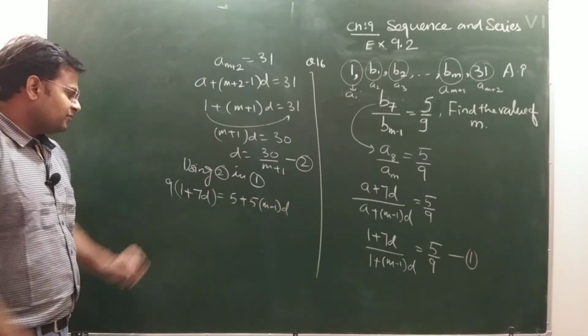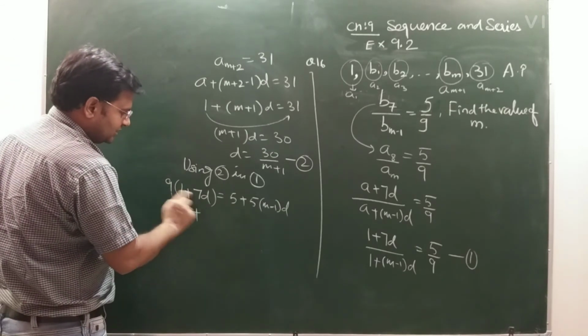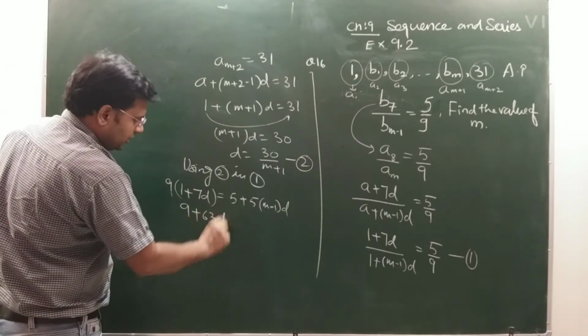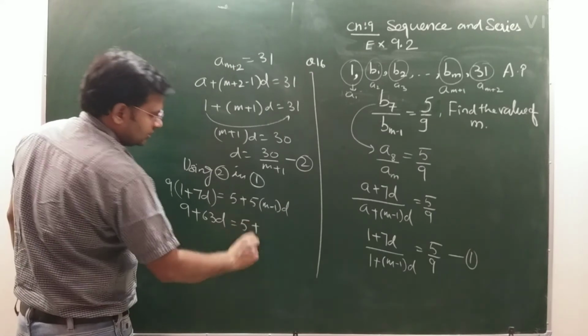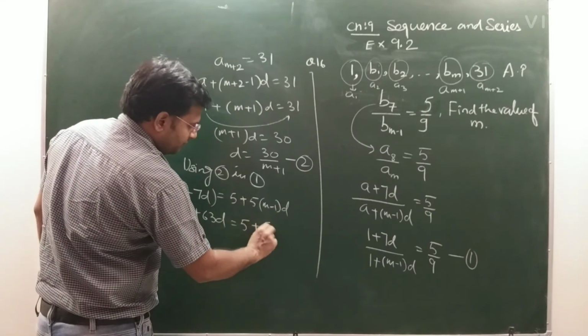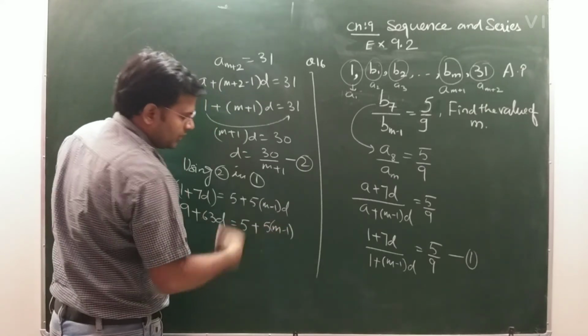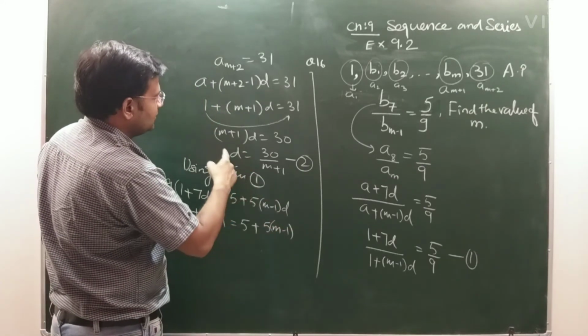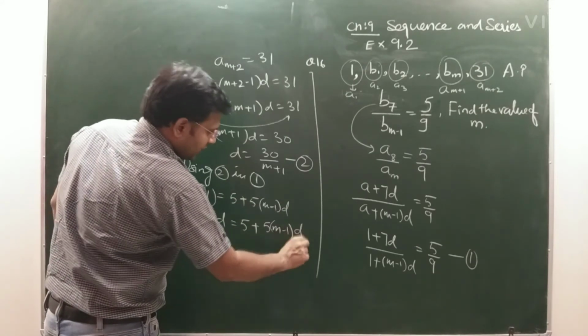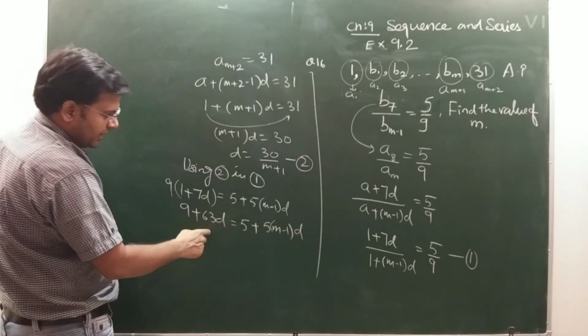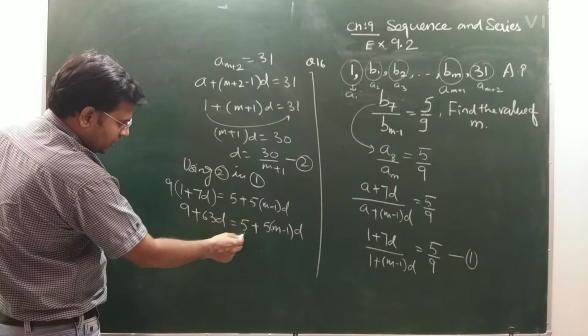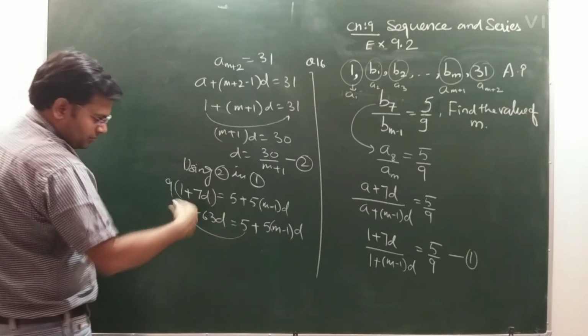So you have this equation. This is 9 plus 9 times 7 is 63d, and this is 5, and if you open this, then it will become 5 plus 5(m minus 1)d. We can keep d here and substitute the value of d at last.